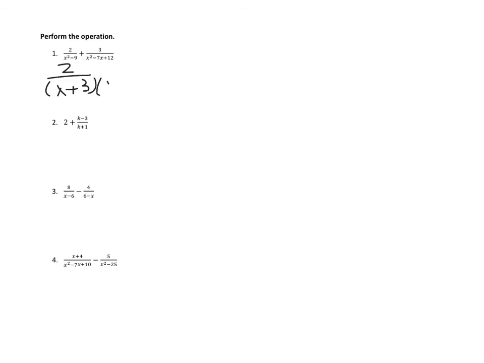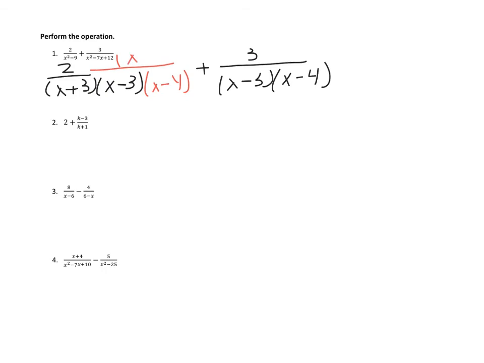Okay, so let's factor everything in number 1. All right, so it looks like we're going to need an x plus 3, x minus 3, and then an x minus 4. So our first one is missing an x minus 4, and our second one is missing x plus 3.